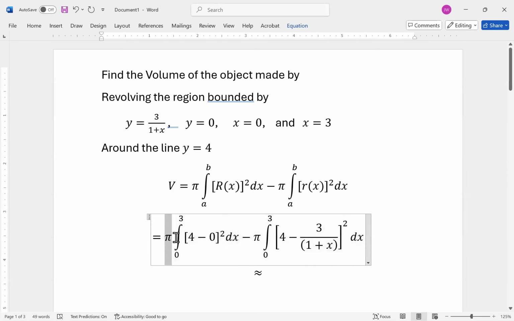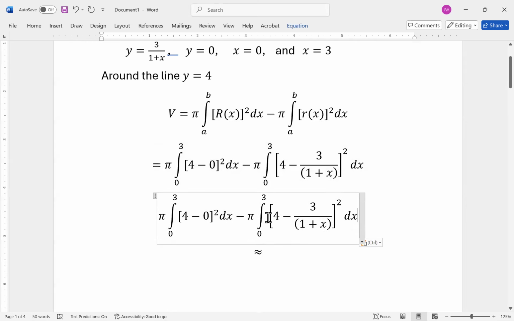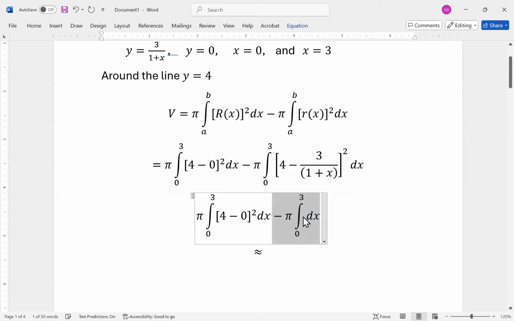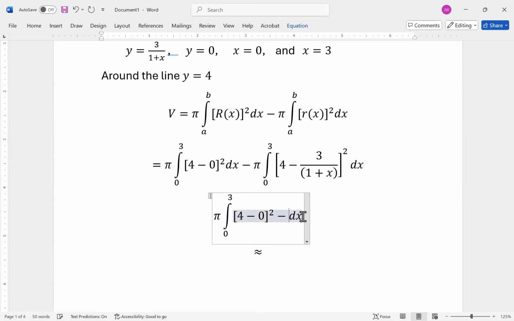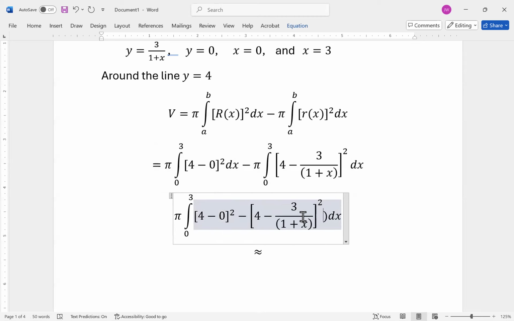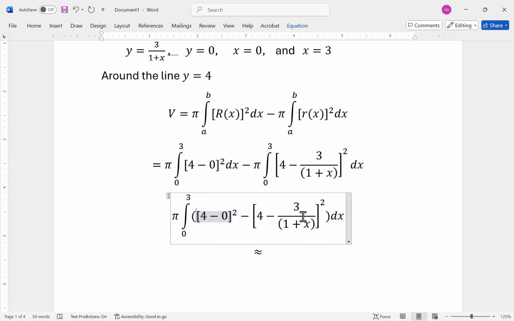So I'm just going to type this as one big line into my calculator, or since we're integrating from 0 to 3 and then multiplying by pi, you could have also combined it into one integration and type that one big integration in on your calculator. So you could have done that as well.